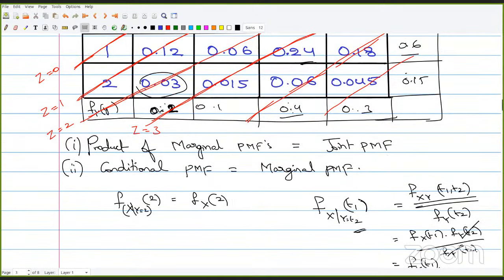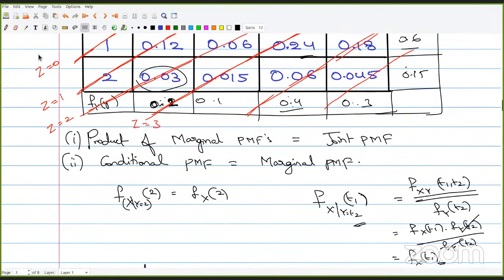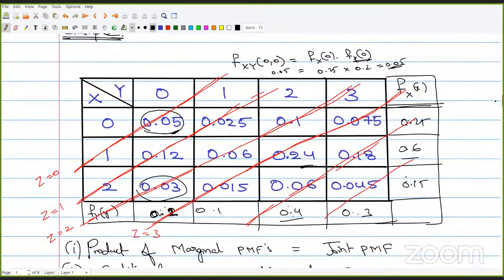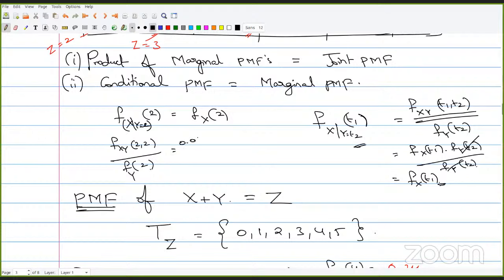Yes, sir. So you see, this will be f of X given Y, with y equal to 2. So what is f of xy at 2 comma 2? 0.06.